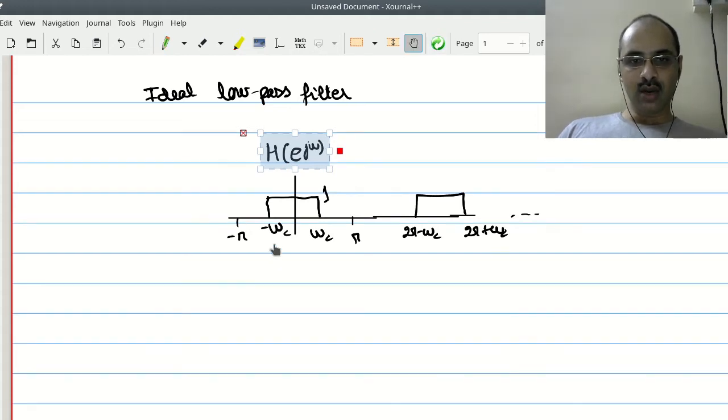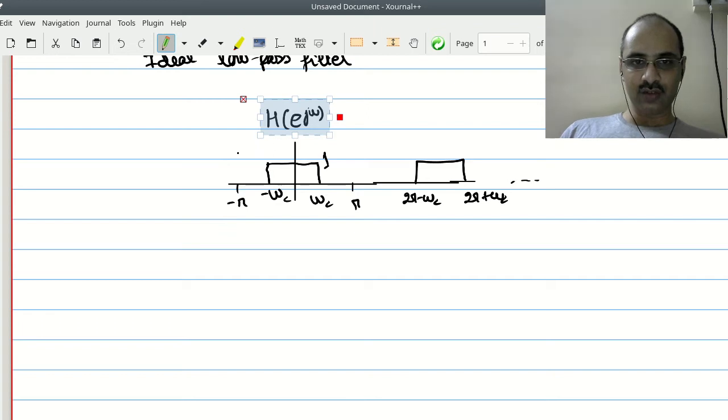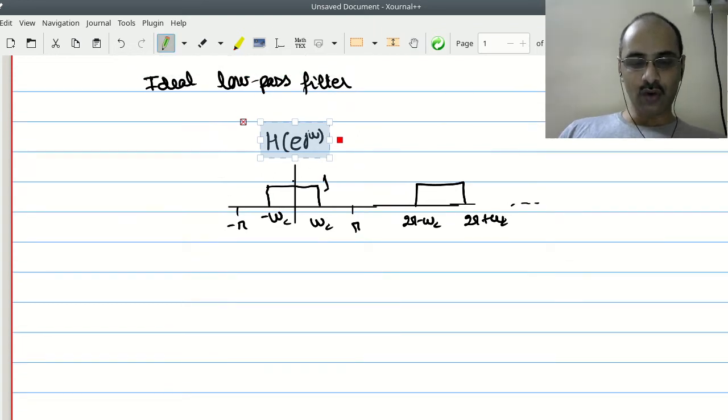Okay. So now we have this definition of the ideal low pass filter. If you focus on the part between minus pi and pi, you will see that it is first of all real, because we have not defined any phase. So the phase is implicitly 0, and more importantly, we see that it is symmetric, meaning it is even, because to the left and right of 0 the values are the same.